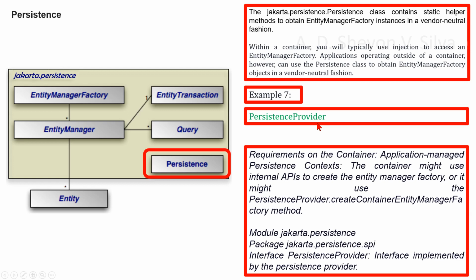However, the container is required to support third-party persistence providers, and in this case the container must use the PersistenceProvider.createContainerEntityManagerFactory method to create the entity manager factory, and the EntityManagerFactory.close method to destroy the entity manager factory prior to shutdown if it has not been previously closed by the application.